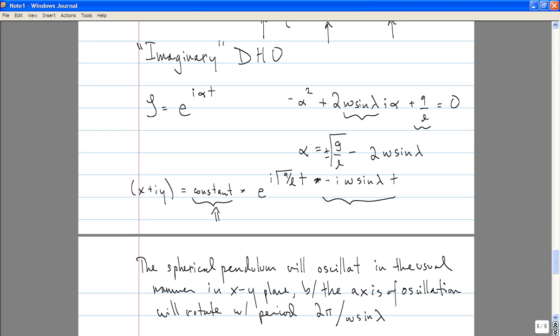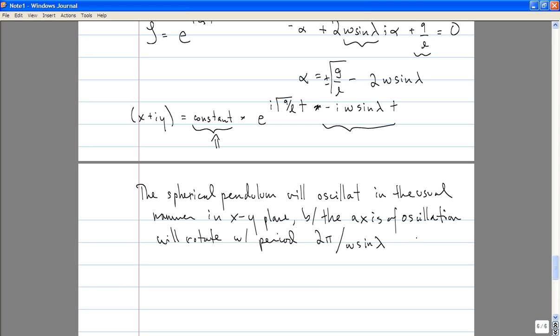So the time it will take to undergo an oscillation will be, so that's in seconds, or you could write it as 24 over sine lambda hours. So indeed, there are several famous examples of this.